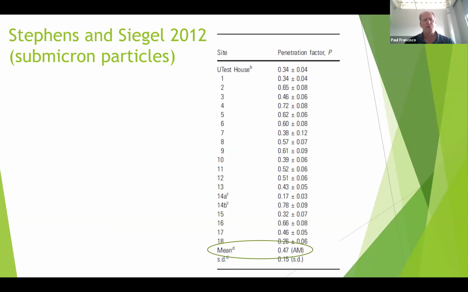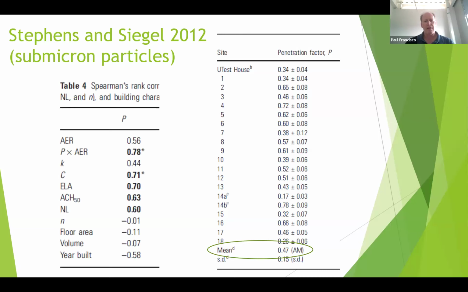This is a paper they had in 2012. They measured in 18 homes, and these were down around the University of Texas. And what you'll see is that while there's some amount of scatter, on average in these 18 homes, and these are submicron particles, about half of the outdoor particles got inside. That's the penetration factor, on average almost half.